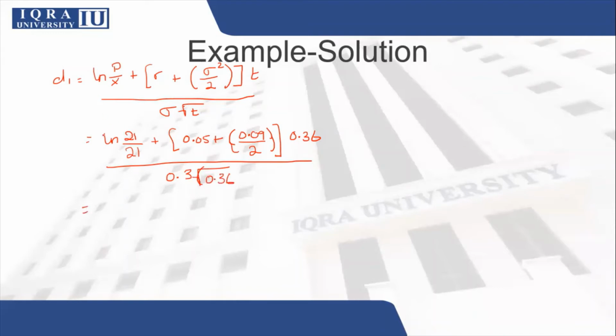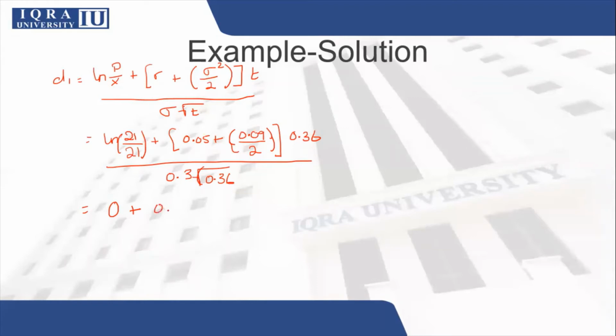First solve ln 21 divided by 21. Just plug in the values in your calculator. Do use the brackets and remember to close the bracket. So you will get 0 from this, plus, then solve this. First solve the bracket, and then multiply it by 0.36.